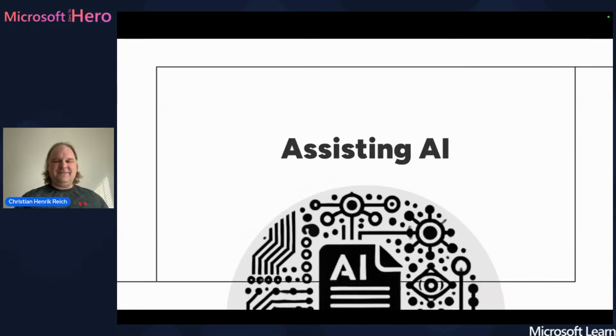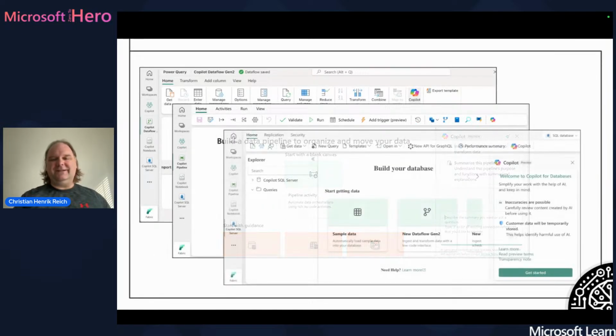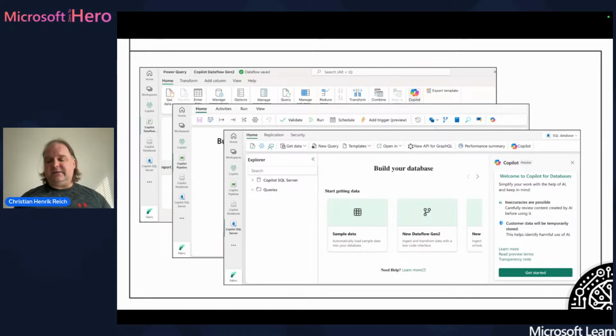In Fabric, of course, we have the Copilot. It's everywhere. I don't use it that much. Yeah, it works, and I also think that people can benefit from it. We also see that the Copilot can help building reports, but often when we are building a report, some kind of management has to make decisions from these reports.